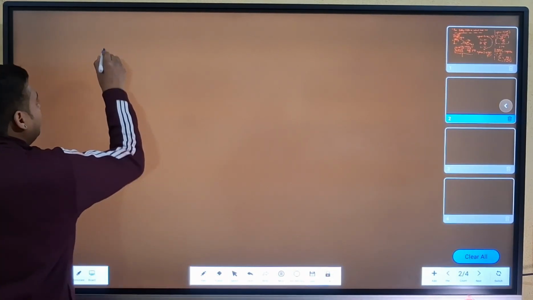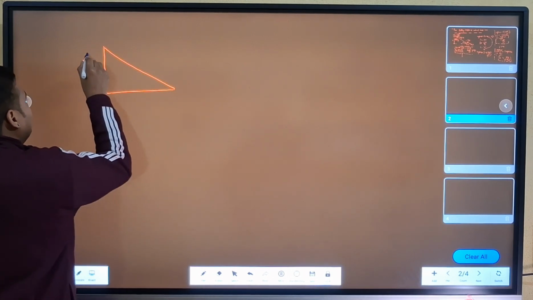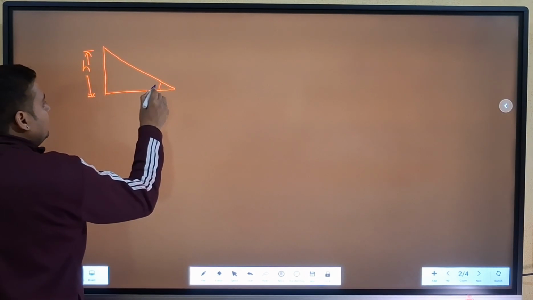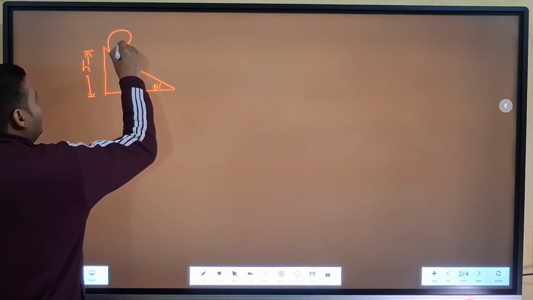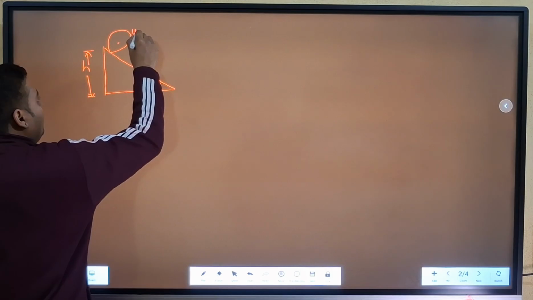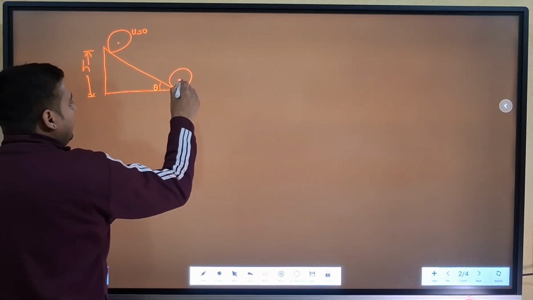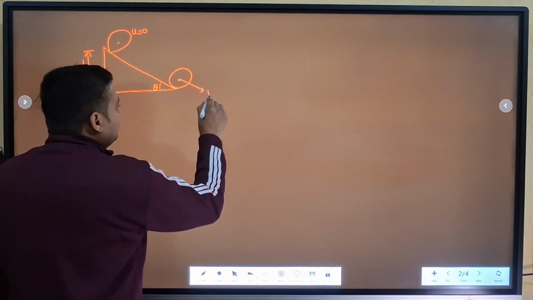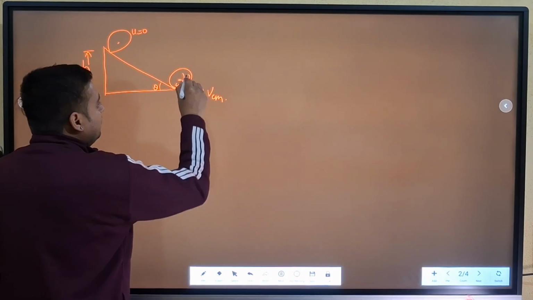So we have an inclined wedge of height h, the inclination is theta, and initially the circular body is at rest. The initial velocity is 0. When it reaches the ground, it has two types of velocity. One is the center of mass velocity and second is the angular velocity, omega.